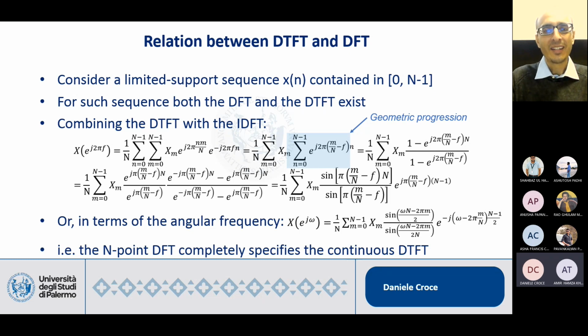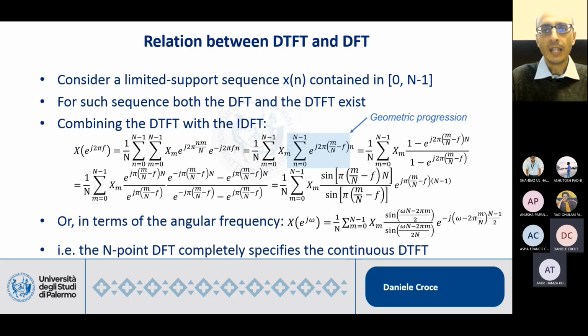So if we invert the summation and we take the coefficients of the DFT outside, what is left in the internal summation? You have the summation over n that goes from 0 to capital N minus 1 of e to the j 2 pi times m divided by capital N minus f, times n.